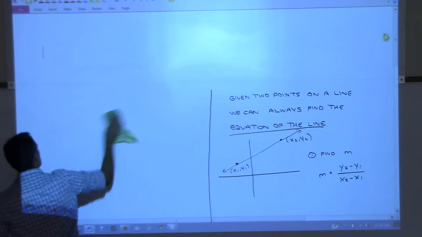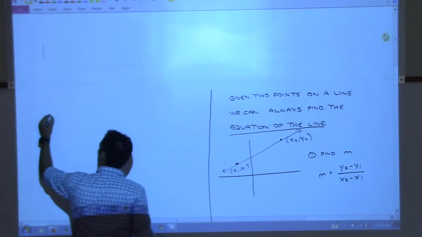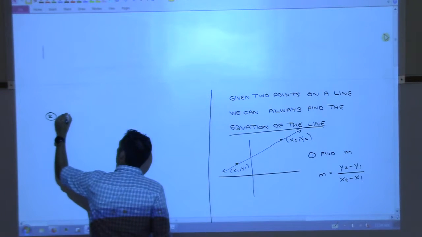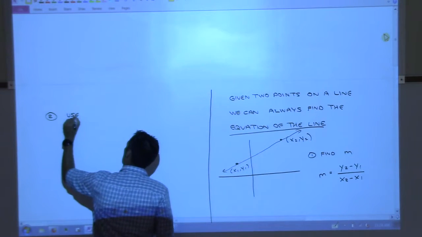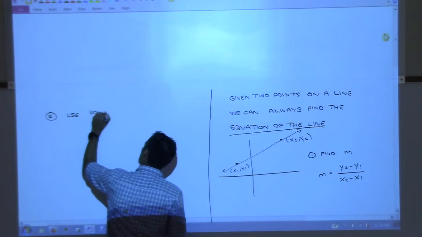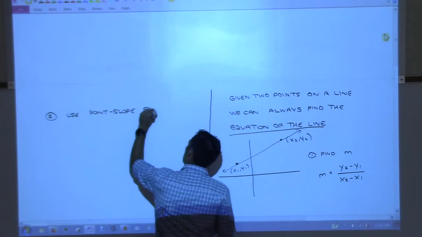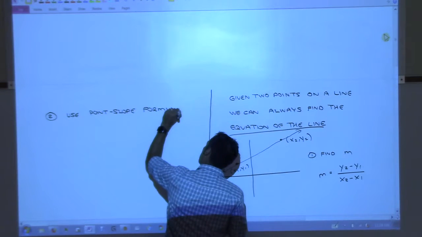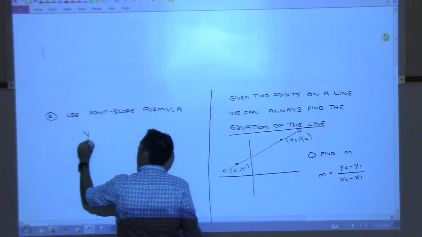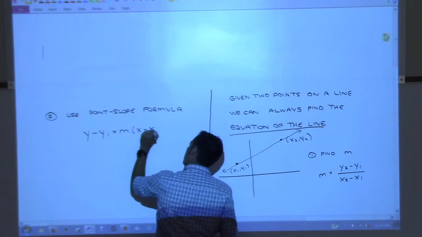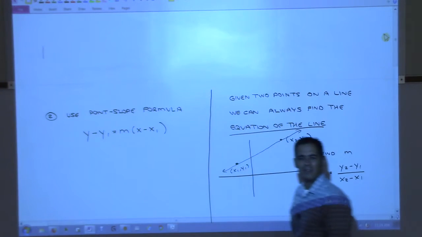So for step 2, we are going to use what's called the point slope formula for a line. And here's the point slope formula. Does that look familiar?